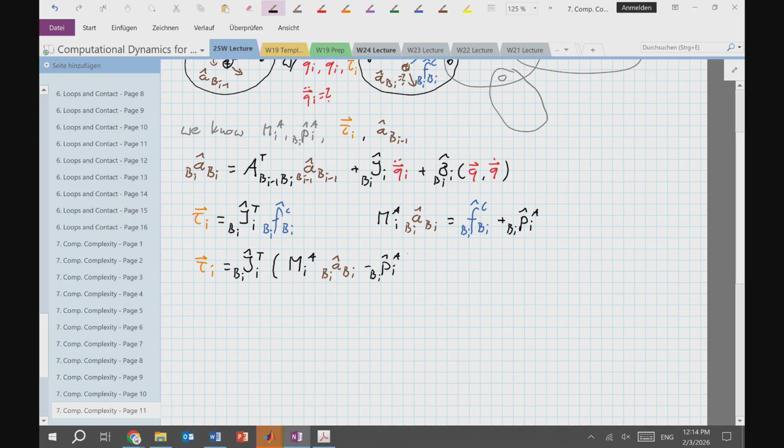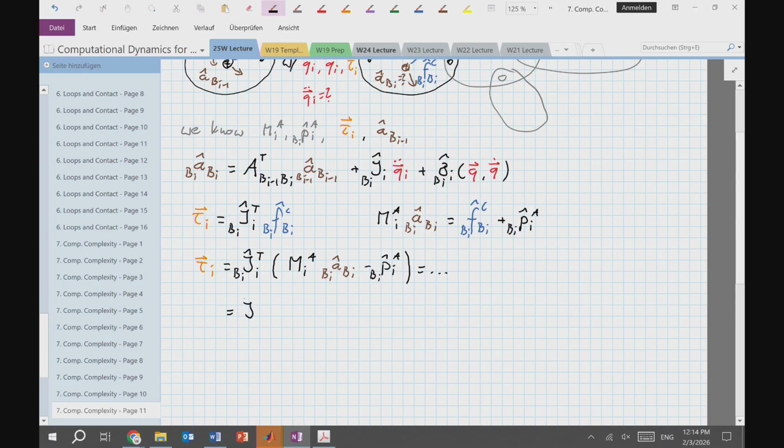Also in BI coordinates is equal to, and now the only thing I'm left with is to replace that acceleration with the expression that we have up here. So make it a function of q double dot.